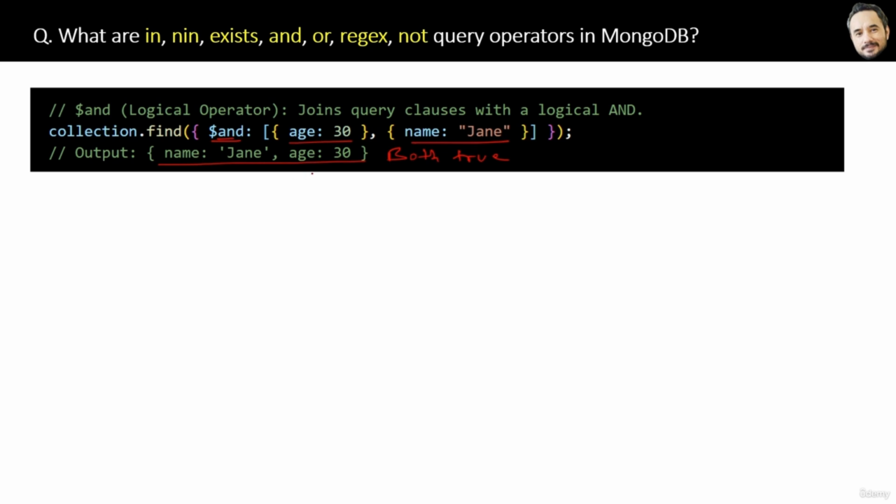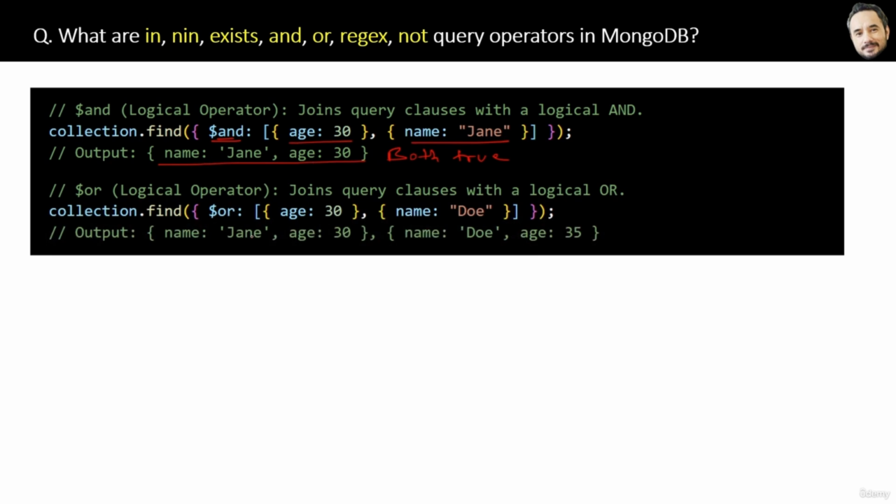Okay. Then the OR operator, age equal to 30 or name equal to Doe, meaning if only one of these conditions is true for any user, then that user will be selected. And therefore we have two. First, Jane has age 30 and the second has the name Doe.